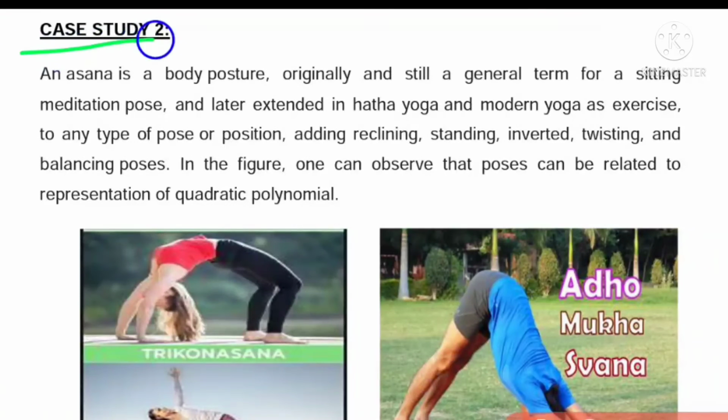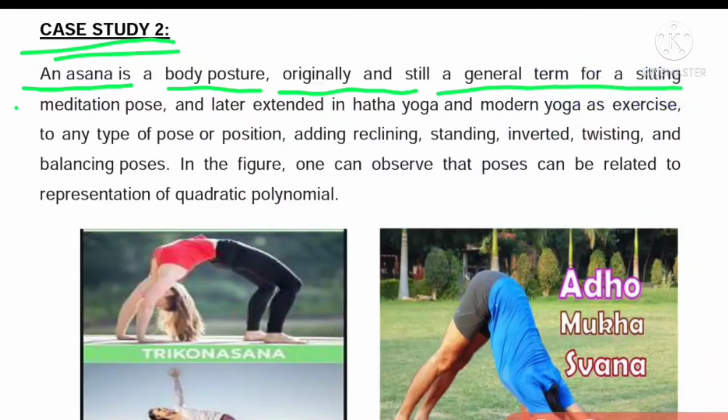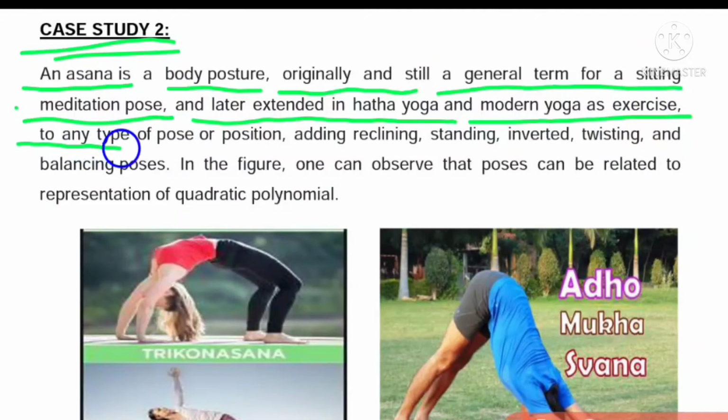Now case study 2. An asana is a body posture originally and still in a general term for a sitting meditation pose, and later extended in health yoga and modern yoga as exercise to any type of the pose or position, adding reclining, standing, inverted, twisting and balancing pose.